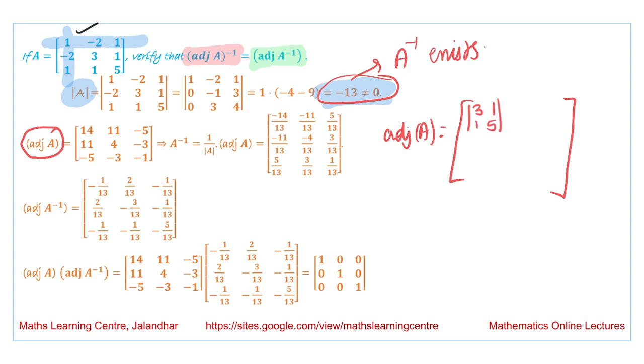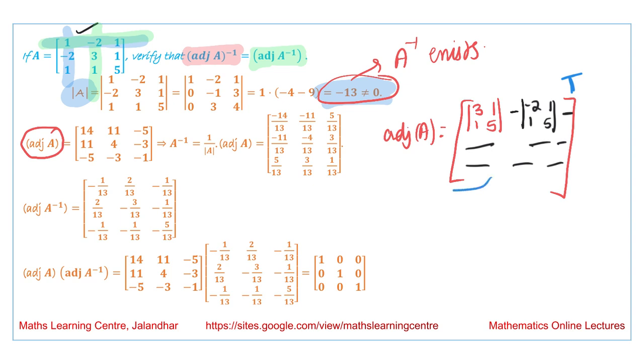Next will be with the negative sign. We leave this row and this column, and the elements we have are -2, 1, 1 and 5. Similarly, we will have the third term. Likewise, we write the cofactors of all these terms, and then we take the transpose.